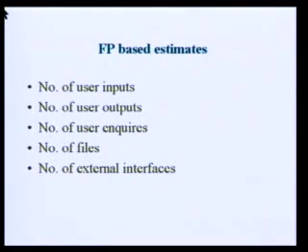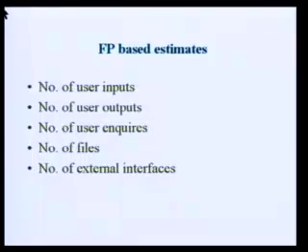Now let us go to the function point based estimates. Please have a look at the slide. When you are going for function point based estimates, you have to take care of nearly 5 points: number of user inputs, number of user outputs, number of user inquiries, number of files, number of external interfaces.